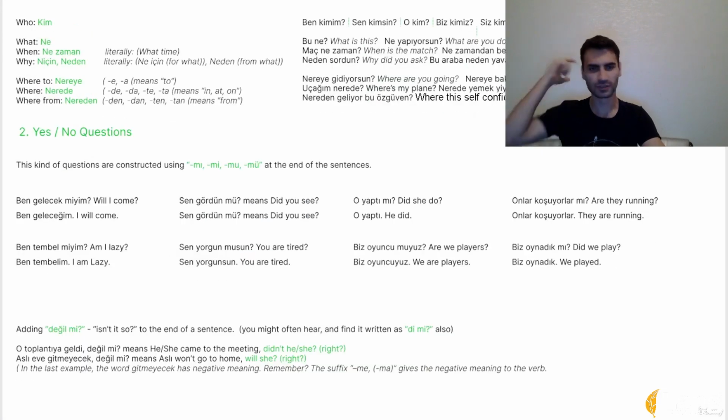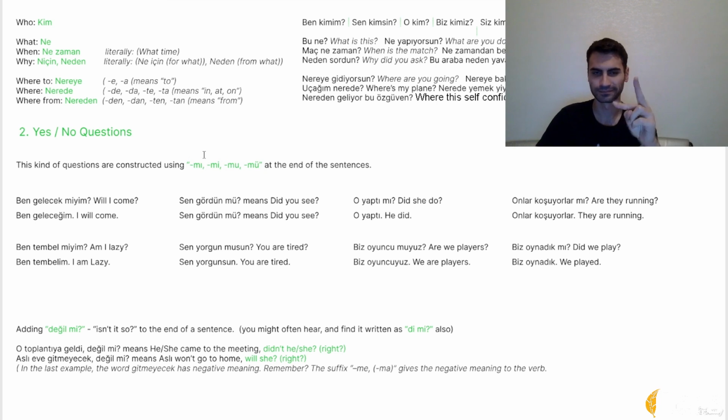Yes, now question particles. It's just adding mi, mu, mü. In this case, it doesn't matter which one comes first, because we are just adding one of them. Ben gelecek miyim? Will I come? Gelecek, mi added.